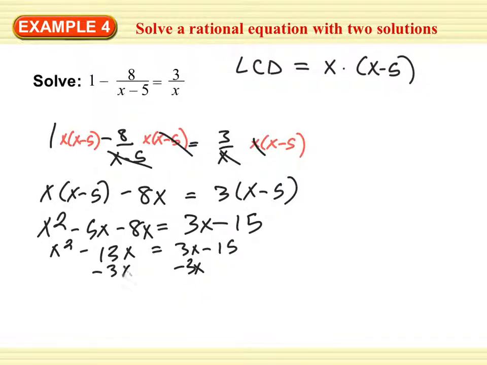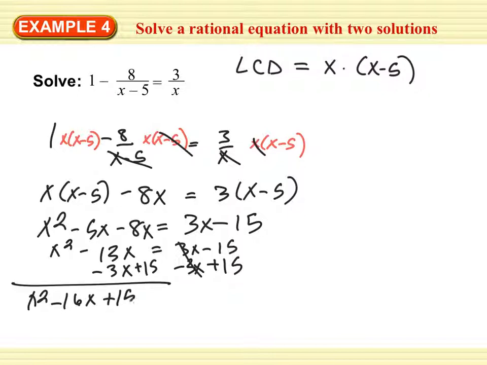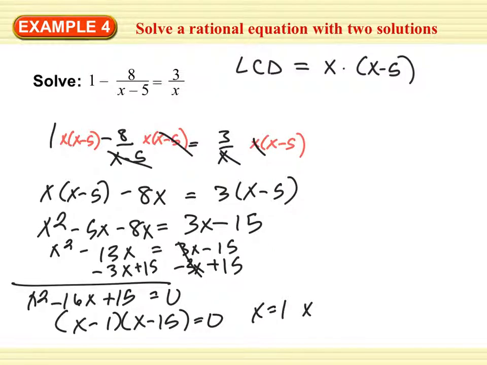Still collecting like terms. So that gets rid of that, and then add 15. I get x squared minus 16x plus 15 equals 0. Okay, factor: x minus 1, x minus 15 equals 0, therefore x equals 1, or x equals 15.